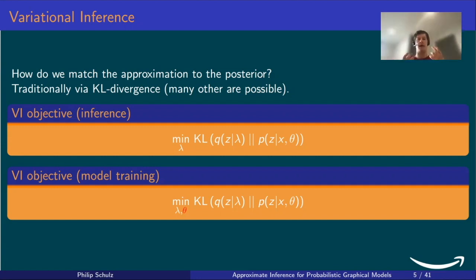It could be interpreted as an alternating optimization. Think about expectation maximization, for example. But actually what we're going to do is use gradient descent and just optimize all of these parameters together. So again, the important difference here being that we optimize lambda to build a good variational approximation to the posterior. So that's the inference part. And we can also, if we so choose, simultaneously optimize over theta and thereby also optimize the model parameters and just get a better fit to the data.